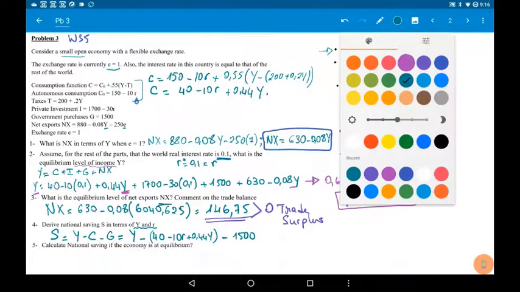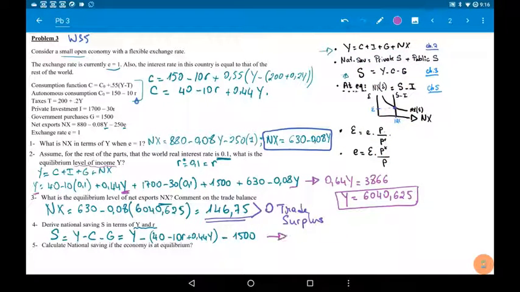This is reduced to S equals 0.56Y minus 1540 plus 10R.